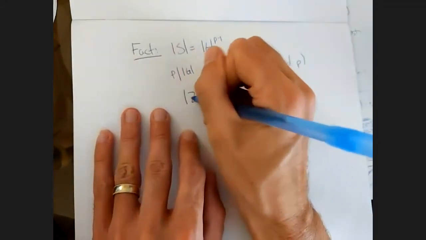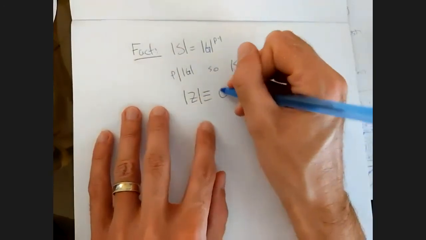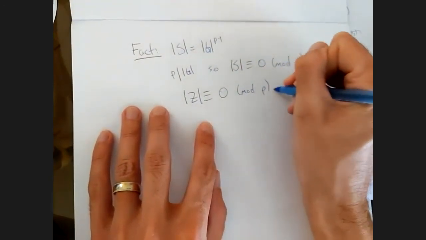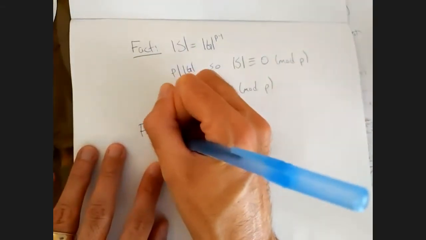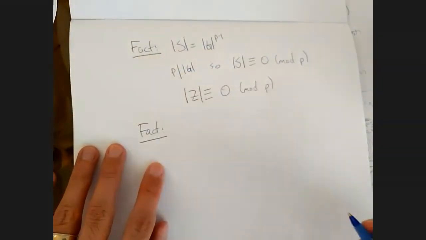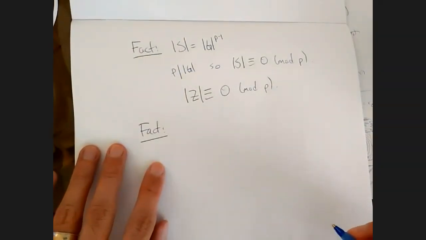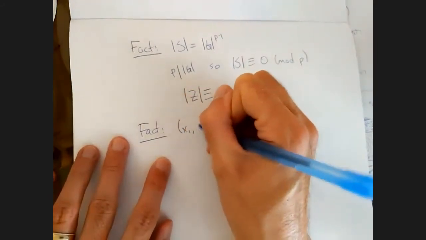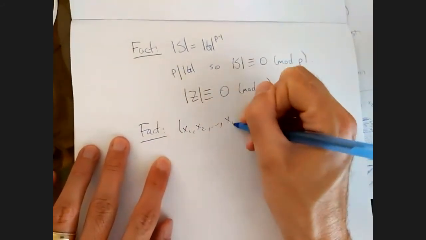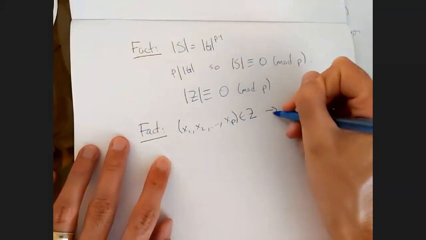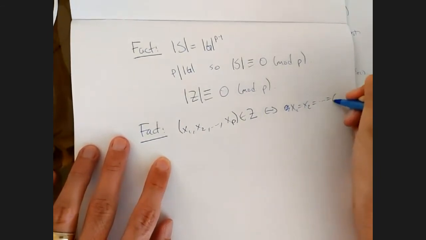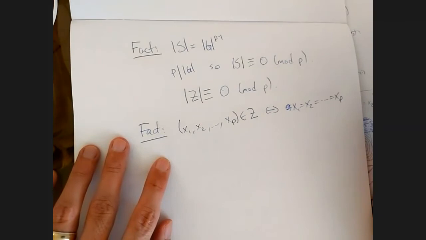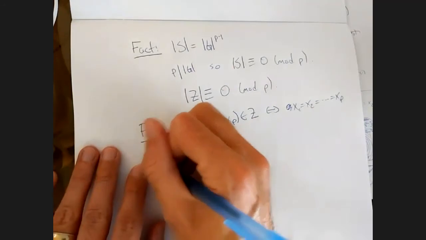So the number of elements of the fixed set of the group action is congruent to 0 mod p. And then another fact is that (x1, x2, up to xp) is fixed if and only if x1 equals x2 equals up to xp.